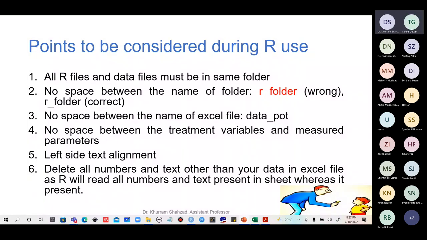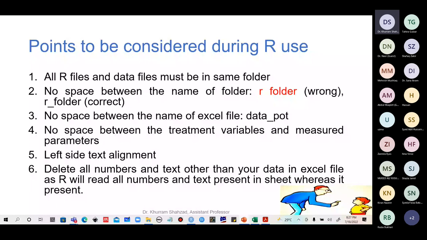So you do not have to give a space between two names, and no space in Excel either. In the data file, there should be no space in your folder name, no space in your data file name, and no space between the treatment variable and measured variables. I will show you in the data file the left side alignment. It should not be centered. If the data is centered, it also creates space before and after, so all will be confused whether it's a single space or a double space.